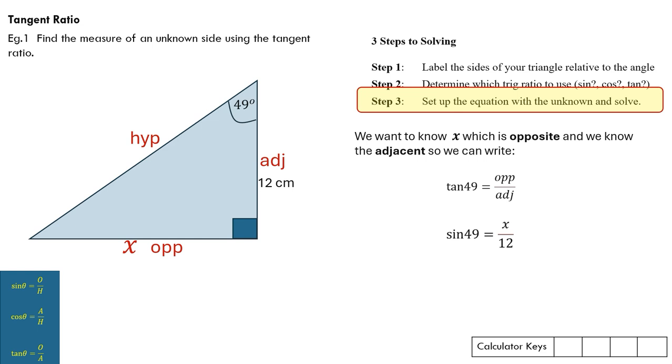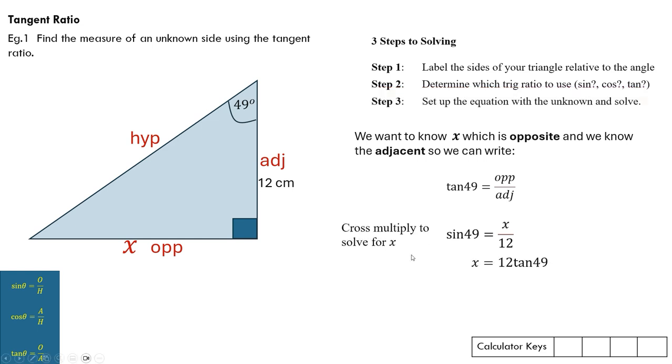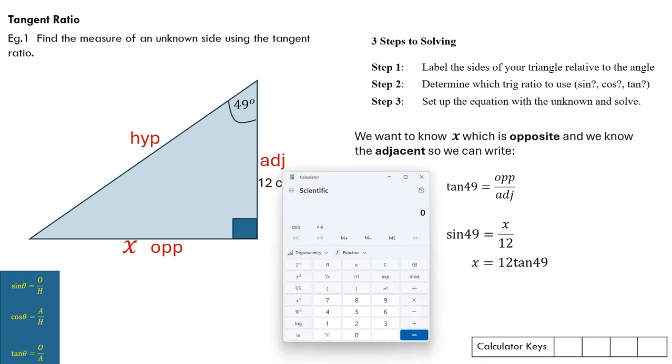Solving for x, we can say that x equals 12 times tan of 49. Using our calculator again, type in 49, and it comes out to 1.1503.